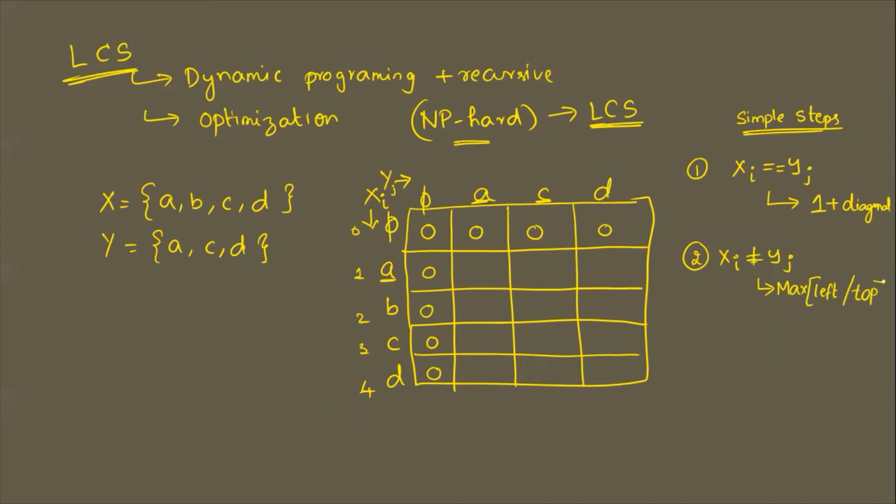Which of these two is the maximum value, that we have to take. And next, third step is draw the arrow marks properly, because from this we are going to derive the longest common subsequence. So now all set to do the program.